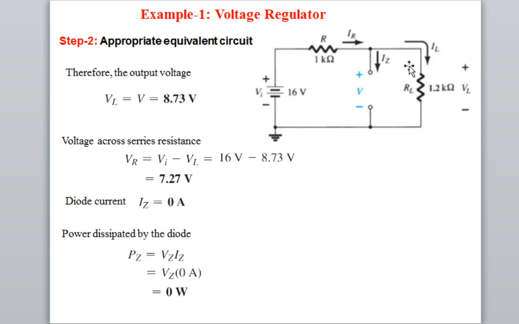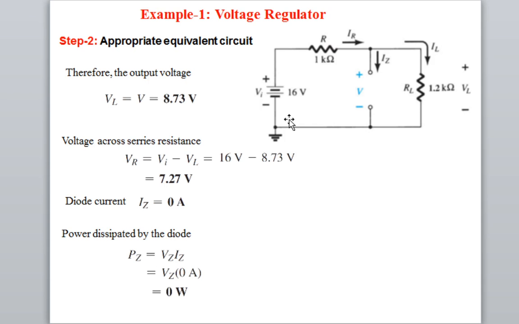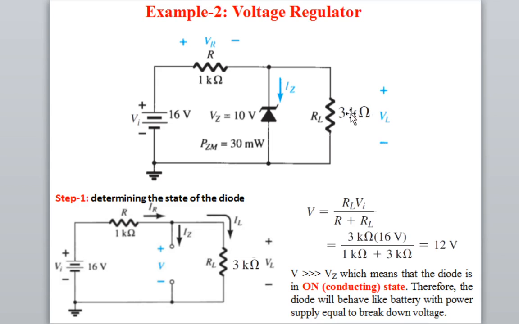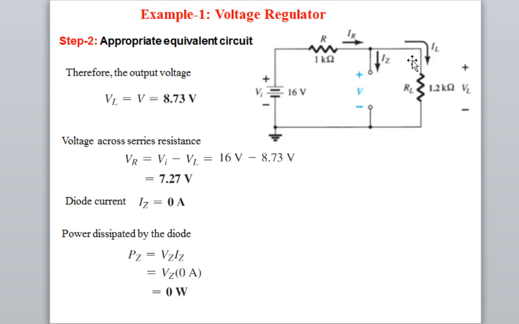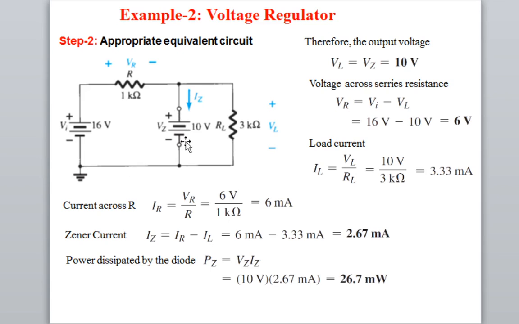But in example 1, the diode was in non-conducting stage, it was in off state, and in example 2 I have just changed the load resistance. Here it was 1.2 kilo ohm load resistance, and in example 2 I had taken 3 kilo ohm. Just by changing the load resistance, we found that the diode is in conducting state, and so we have replaced it with a battery. That is what the two different problems suggest to us.